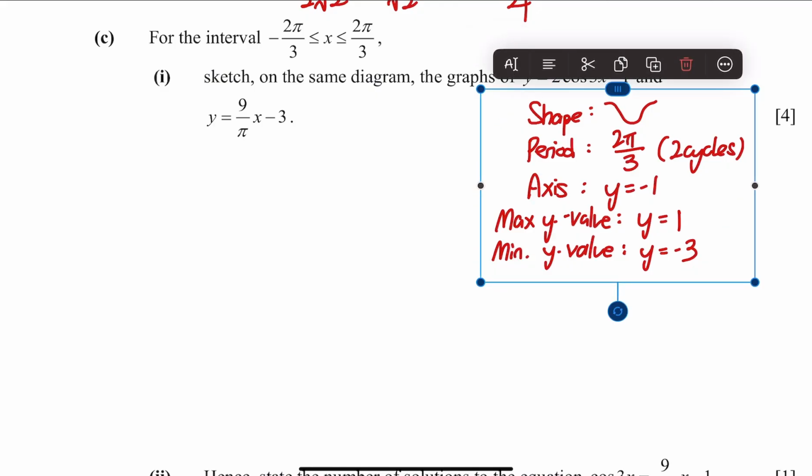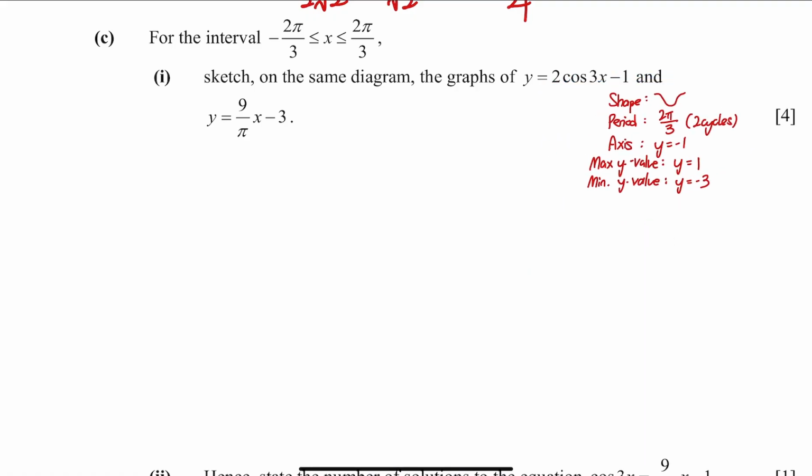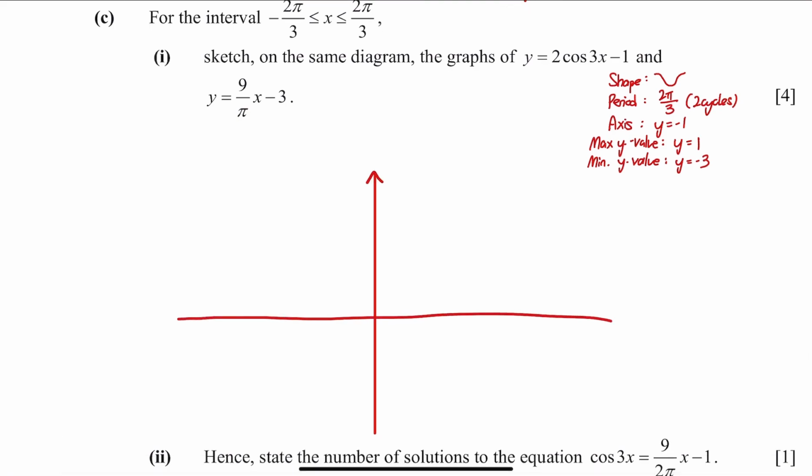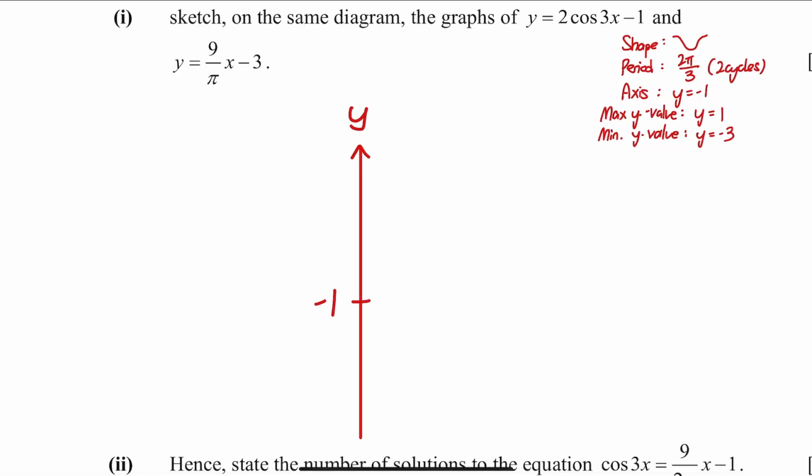Okay, let me make this smaller. So we can now sketch this graph over here. I use this line here. Remember, when I sketch the graph, I always mark my middle line for the cosine graph first, which is negative 1. Then I mark the maximum value 1 and the minimum value negative 3. This means that my x-axis lies somewhere here in this line.